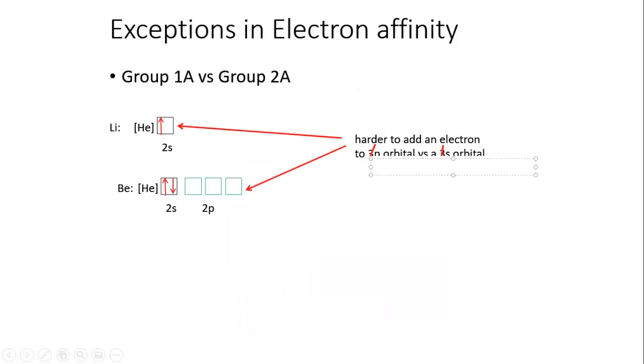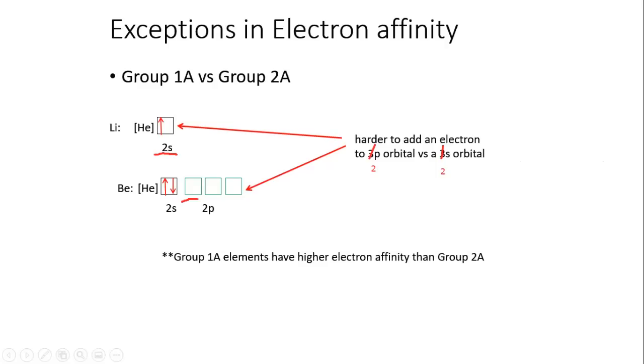It's easier to add an electron into a 2s orbital versus a 2p because 2s is the same energy as the electron that's already in there. So again, it's easier to add an electron to a 2s orbital rather than a 2p, which is a higher energy orbital. It's unstable. And this is the case all the way down the periodic table. Group 1 has greater electron affinity than the corresponding group 2 elements on the same periods.